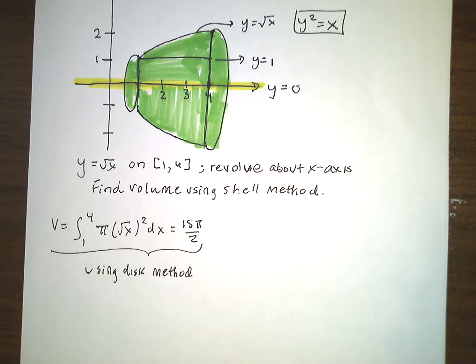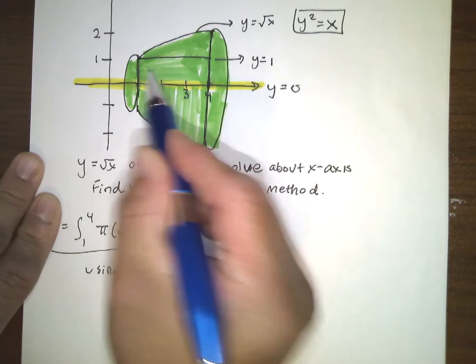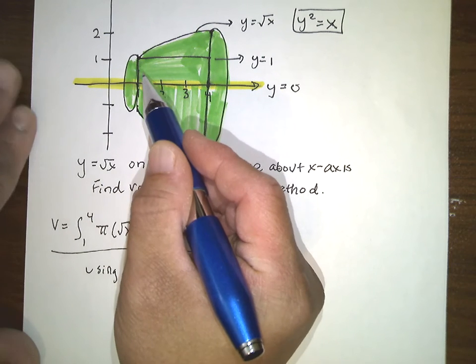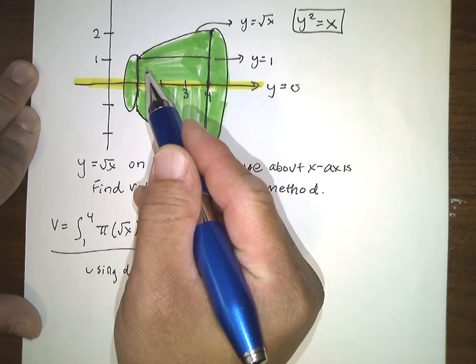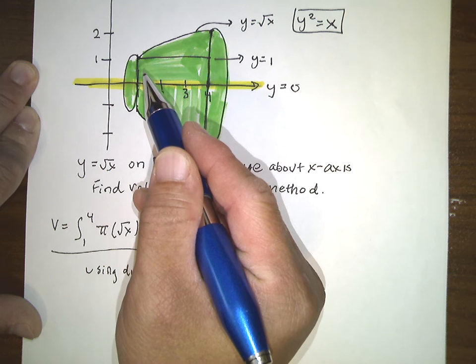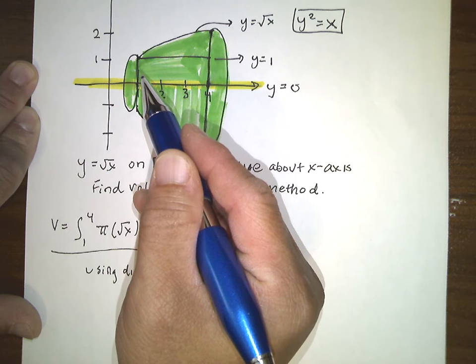So I can see here that I have two portions of the graph when I look at this using the shell method.